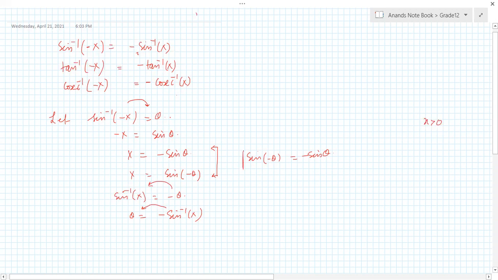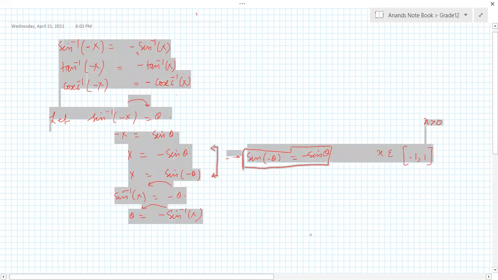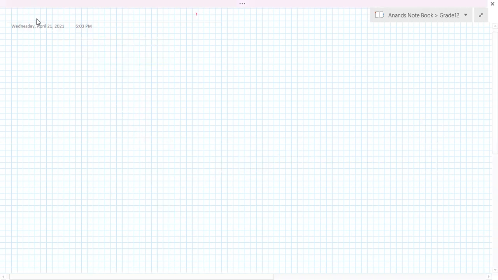And in between, you leverage the fact that sine of minus theta is minus sine theta. So here x belongs to minus 1 to 1. Are we good with this, guys? Yes, sir. We may similarly prove for tan inverse also. Okay, so let's do that together.